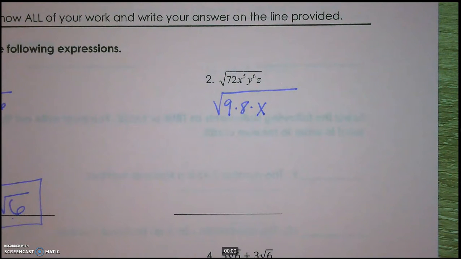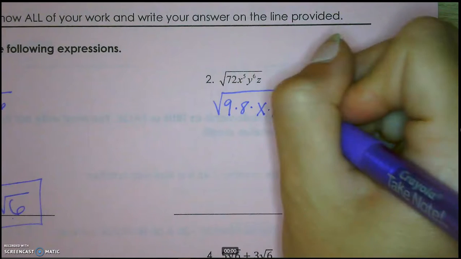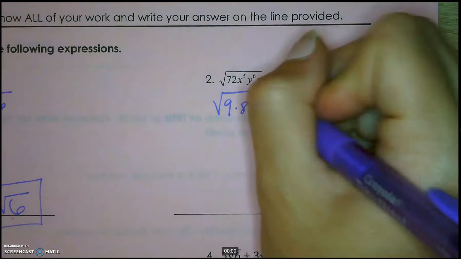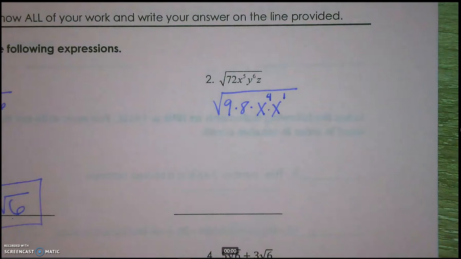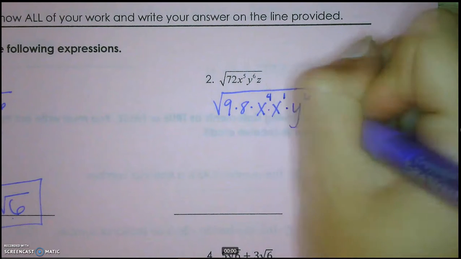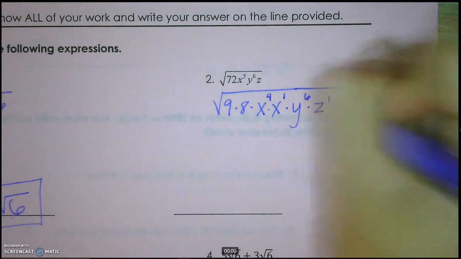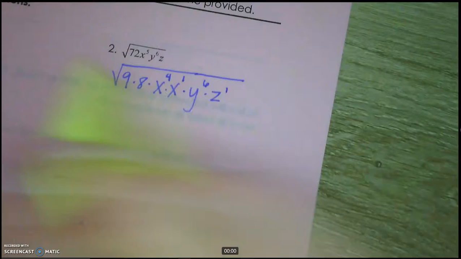It's a perfect square if it's an even exponent. So we're going to force it to be an even exponent by moving one of the variables off to the side, leaving x to the 4th over here. I don't need to break up my y's, because that's raised to an even exponent, which is perfect. And then keep in mind, z is raised to the exponent of 1.